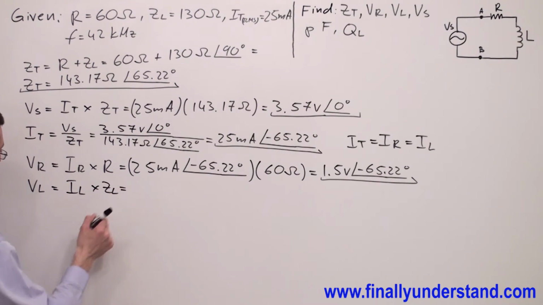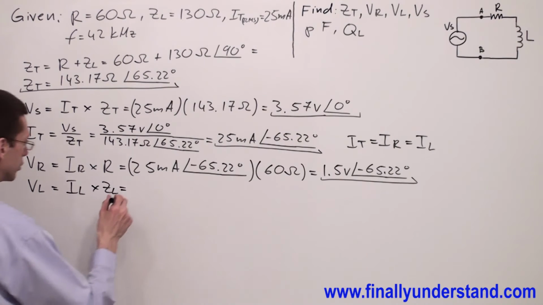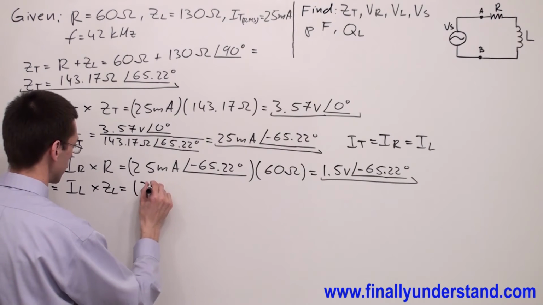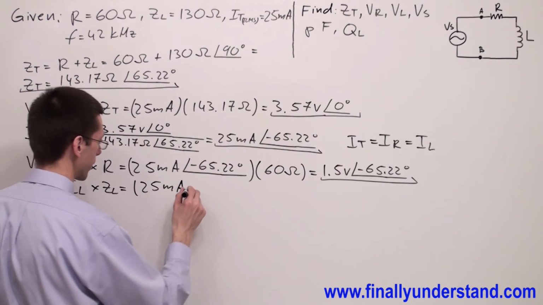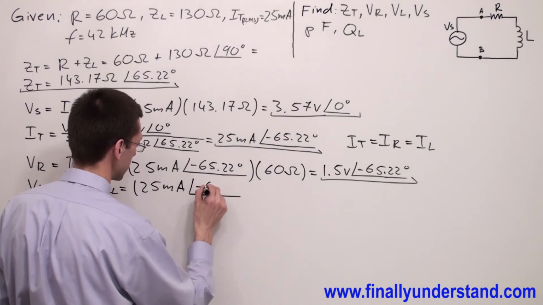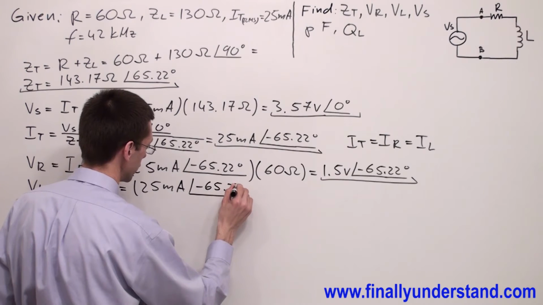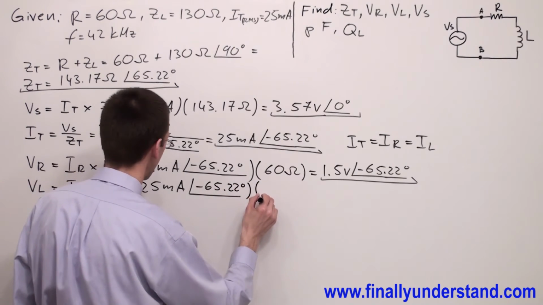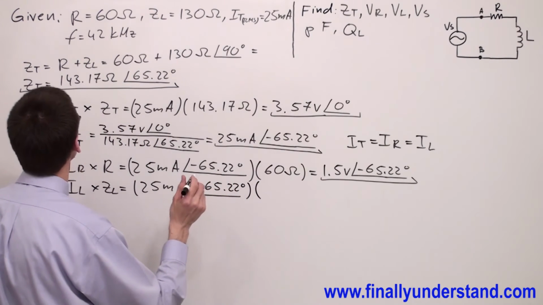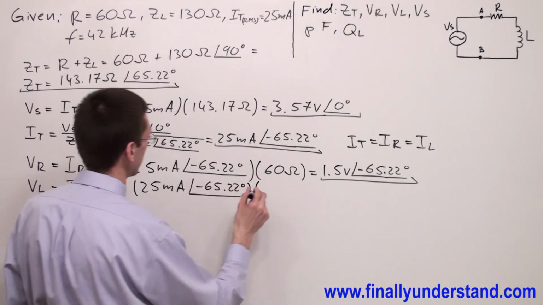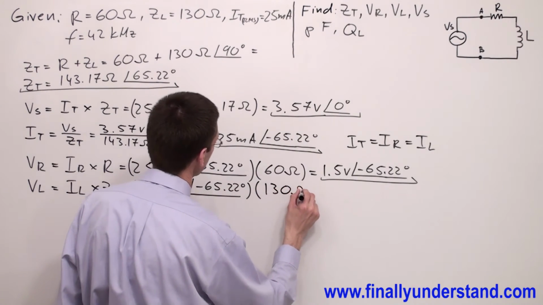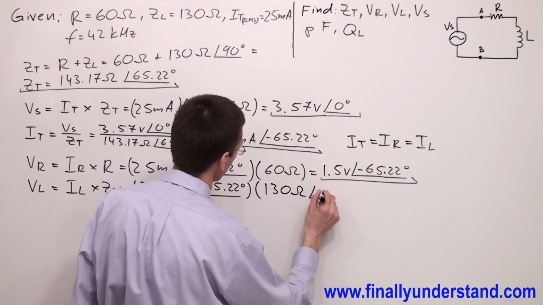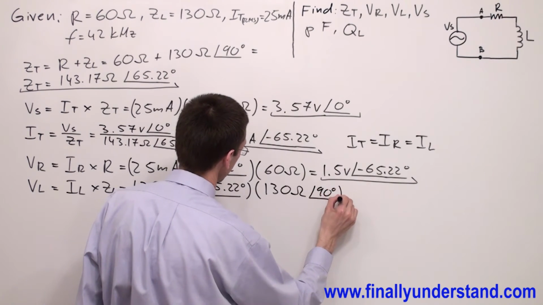I'm using again Ohm's law. So I have 25 milliamps and angle of negative 65.22 degrees times ZL, which is equal to 130 ohms and angle of 90 degrees.